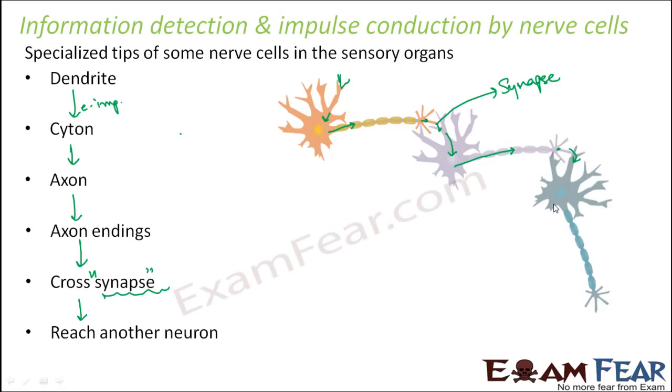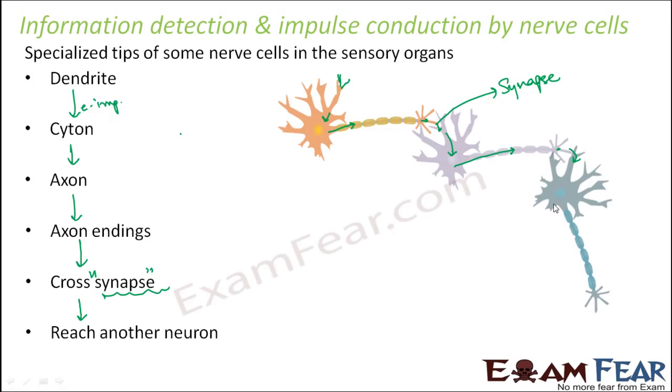Suppose you saw a tiger in front of you. What happens whenever you see a tiger? You get horrified and you start running. You see the tiger with your sensory organ, that is your eyes. Inside your eyes there are some nerve cells which have specialized tips called receptors. Those receptors will receive the information that this is a tiger.